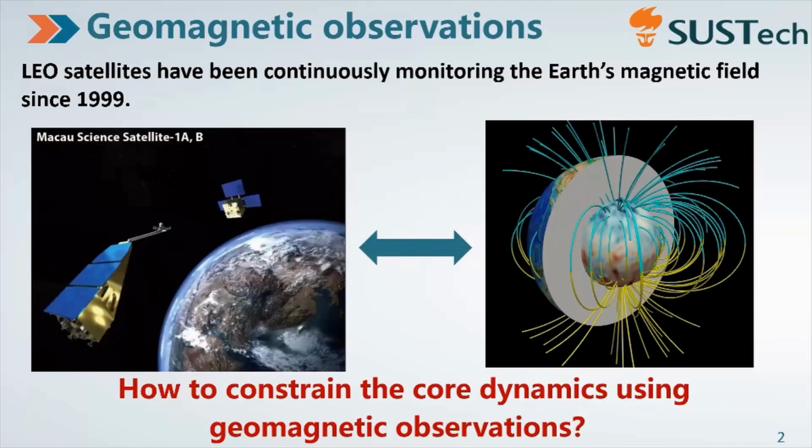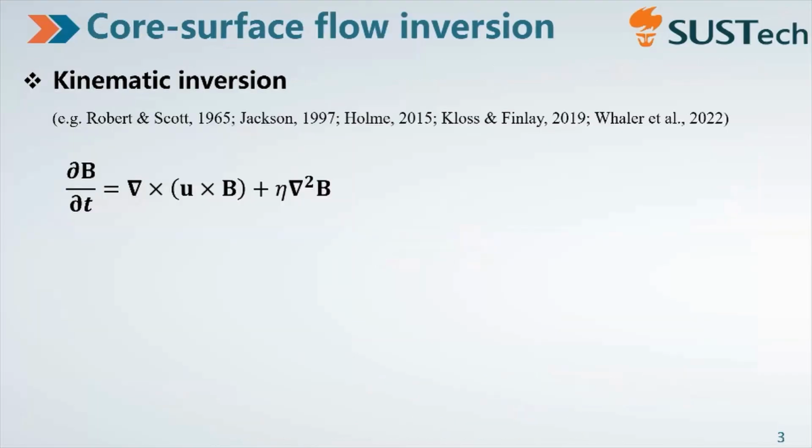So that's why we are here. We would like to use this valuable observation to help us understand what's happening in the Earth's outer core. So how could we do this?